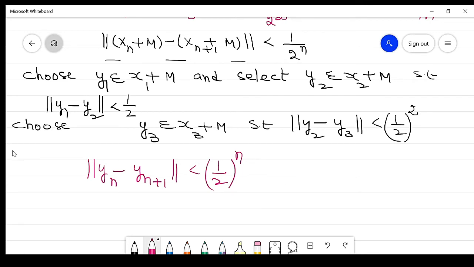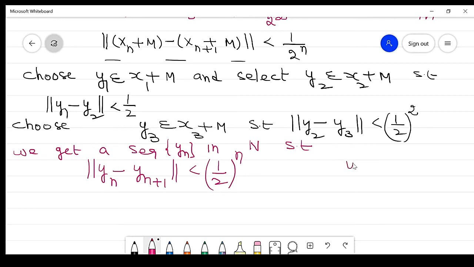So we get a sequence. Which sequence? The sequence yn in N, and it satisfies this condition. Why does it satisfy this condition? Because of that result.